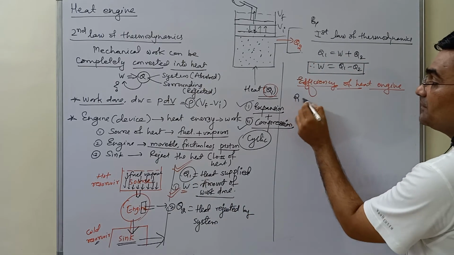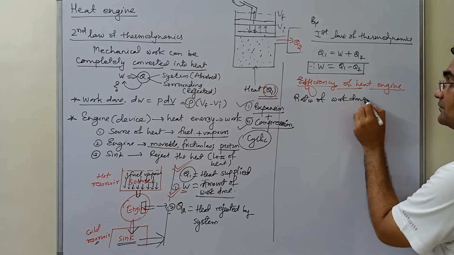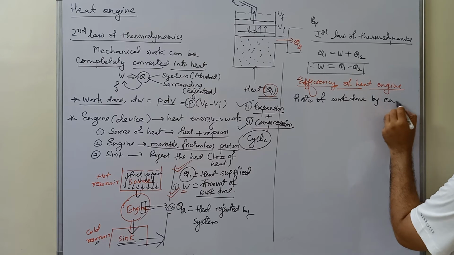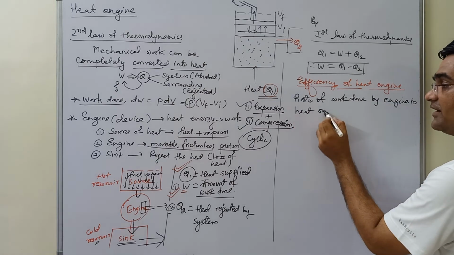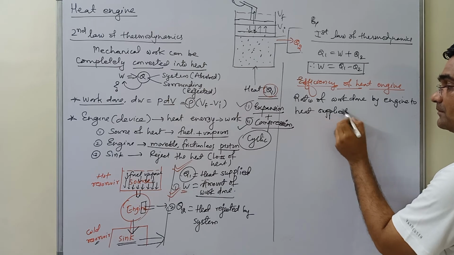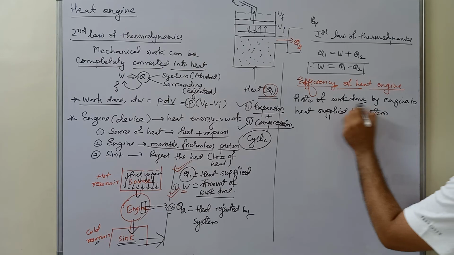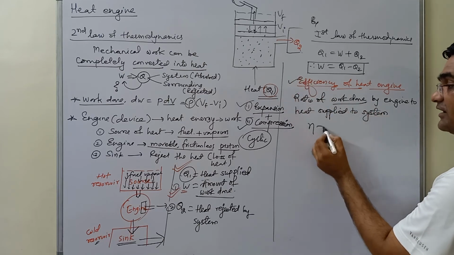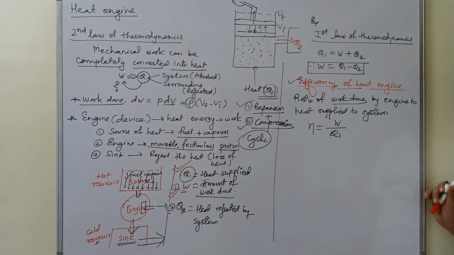So the ratio of work done by the system or by the engine to the heat supplied to the system, this ratio is called as what? The efficiency, indicated by eta, is equal to W upon Q1, as Q1 was the heat supplied.